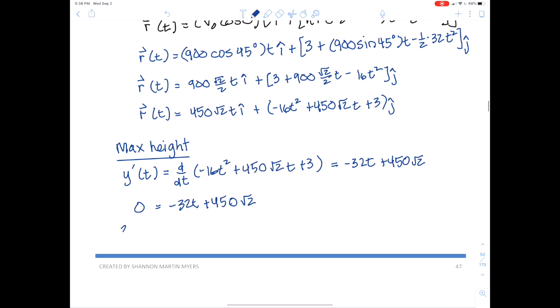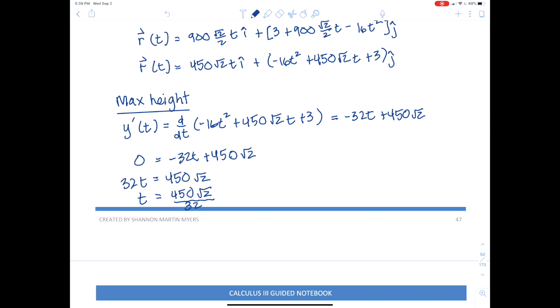Now, setting that equal to 0, we would have 32t is equal to 450 root 2. So to get t, I divide 450 root 2 by 32. I'll keep it as a fraction right now. Sometimes it's good to keep it as a fraction until you're ready to finish.